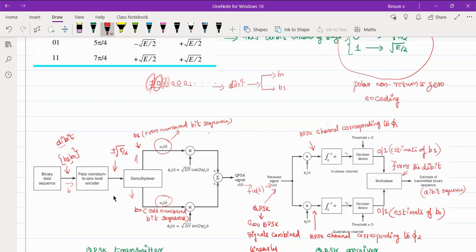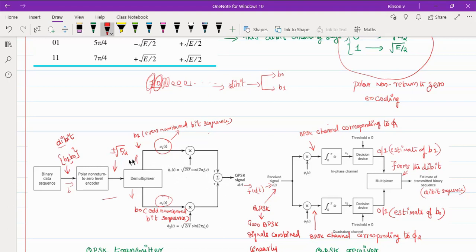So you will be getting bits here that are converted to either of two voltage levels, plus or minus root EB. Now if the incoming bit was the B0th bit, then that will be branched to this, and if it was the B1 bit, it will be routed through this branch, and then you just need to multiply it with the basis and then add in the final level.